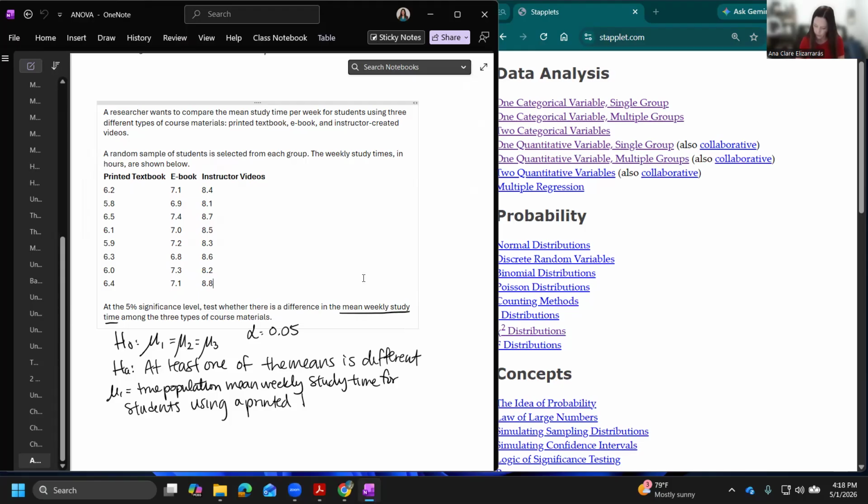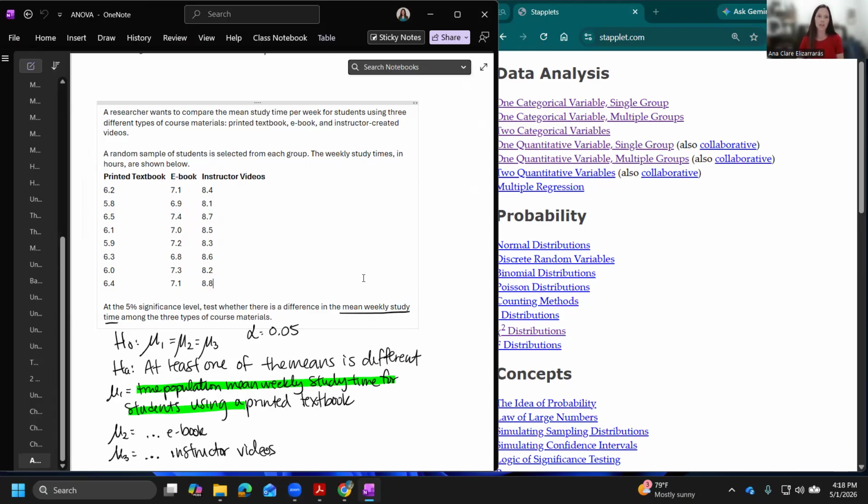And then for sake of speed, I'm going to say that mu2 and mu3 are the population mean study time for students using, 2 is going to be ebook, and 3 is going to be instructor videos. This is just me using shorthand. I would say if you're doing this on a test or if you're doing the AP exam or any of those things, you want to write out what the parameter is.